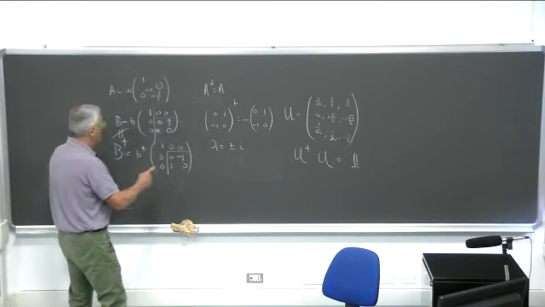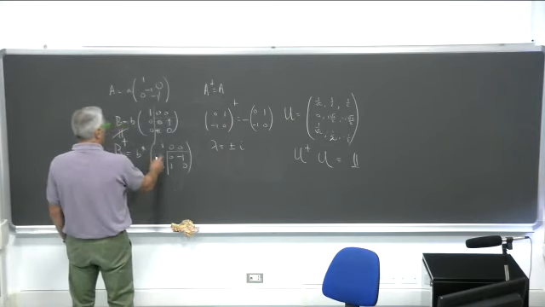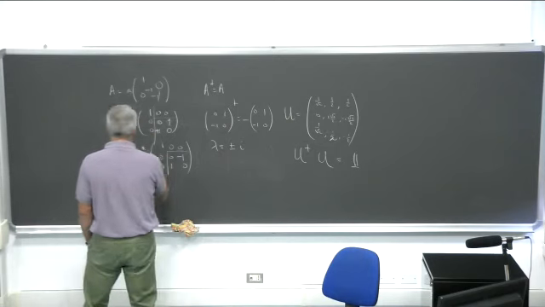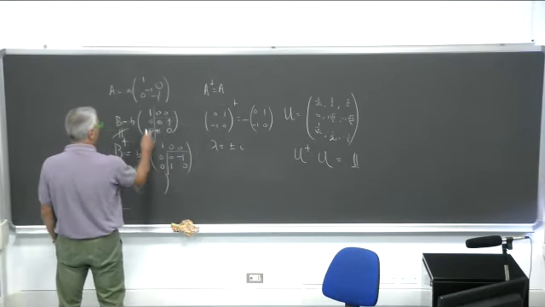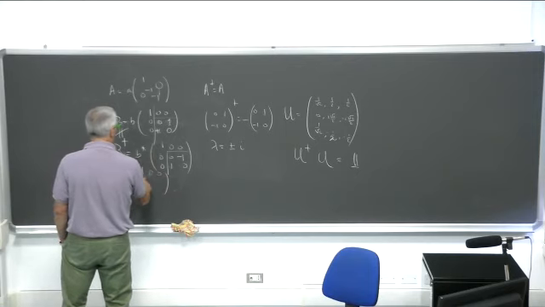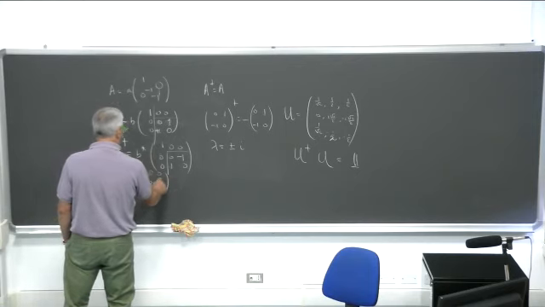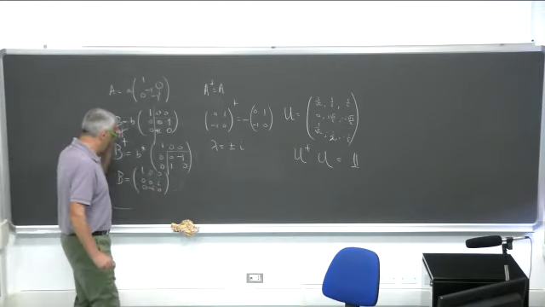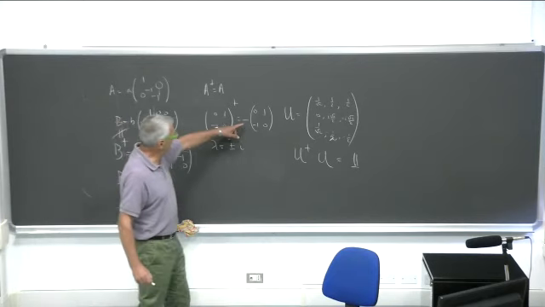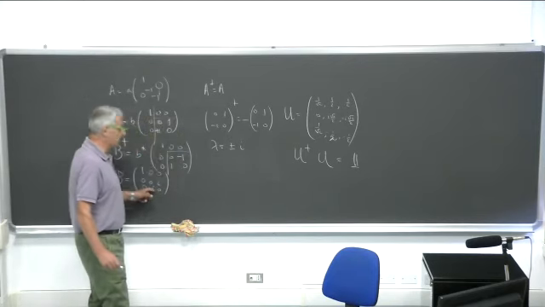Or you choose a matrix where B is 1 here, 0, 0, 0, 0, 0, i, say, minus i, 0. This is Hermitian now, because the minus sign that you get here is compensated by the complex conjugation, right?